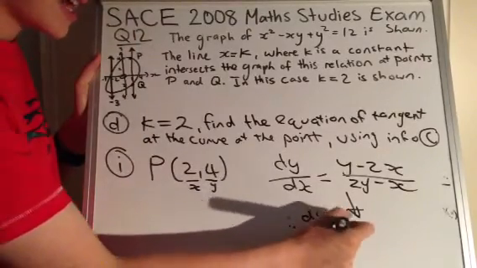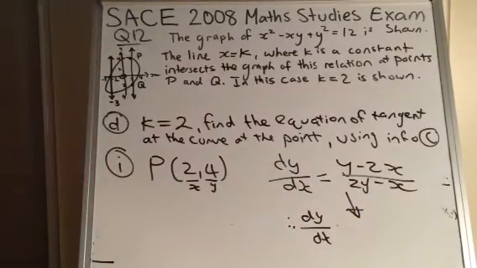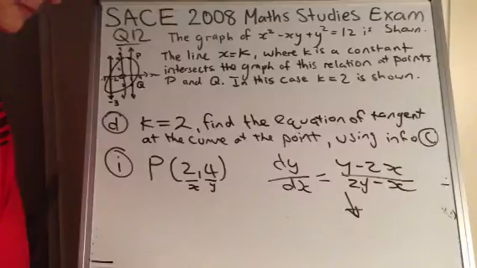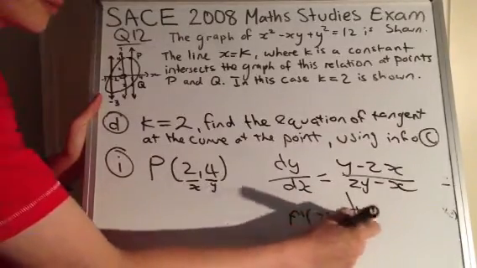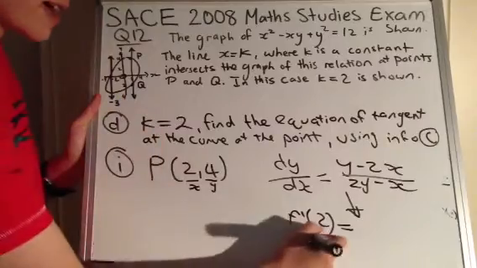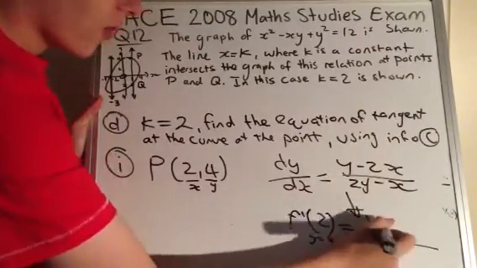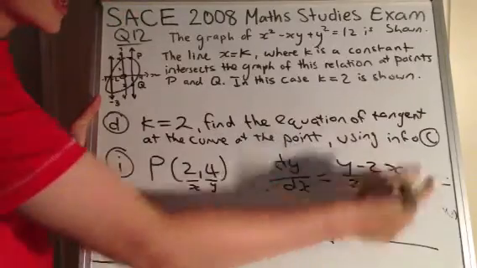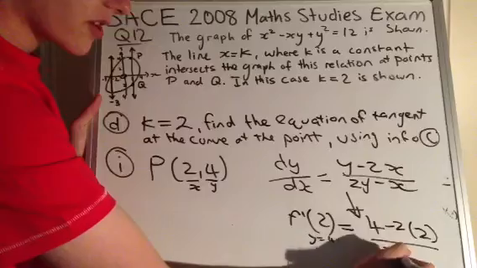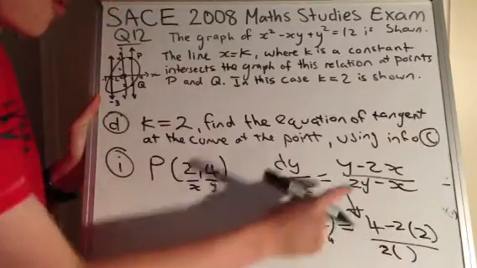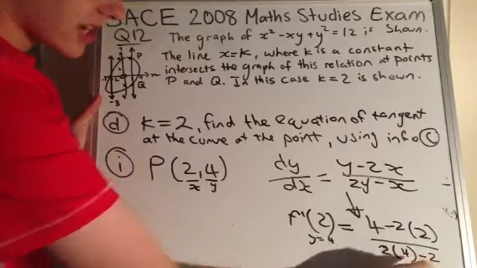So dy over dx. In fact, I'll actually use some alternate notation here. We have f prime of 2 when y equals 4. And we have 4, which is our y value, take 2 lots of x, which is 2 lots of 2, over 2y, and y is 4, take x, which is take 2.